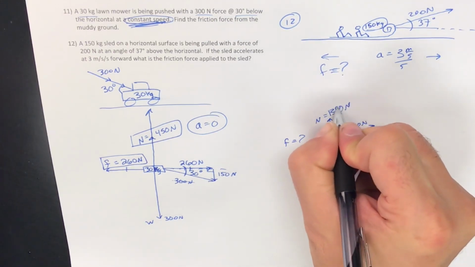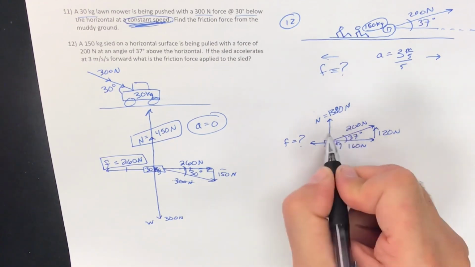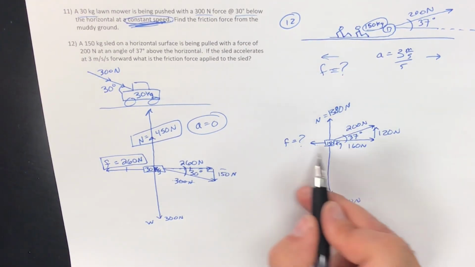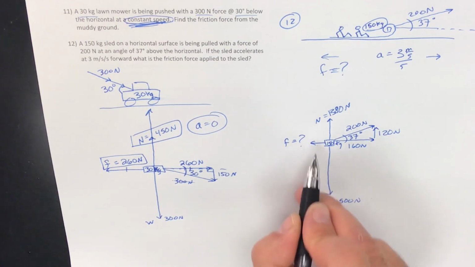You don't have to find it, but it's always good to find everything to practice. So 1,380 plus 120 balances to 1,500. And then 160, I've got to find that force.